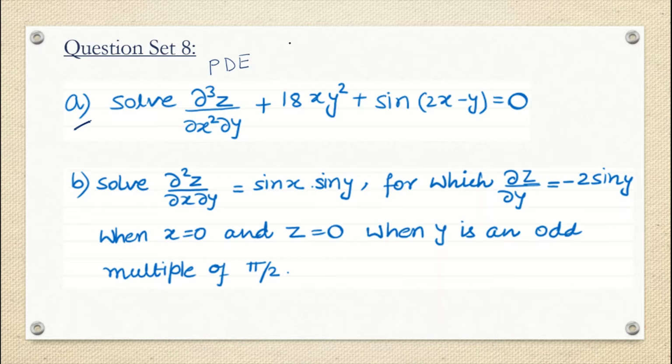That means the answer should be in this fashion. Okay, the answer should be z equals something, maybe any term which has a function with respect to x and y both. Maybe you will have some function which is dependent on x only, that means a purely x function, and maybe you will get some function which is purely dependent on y.